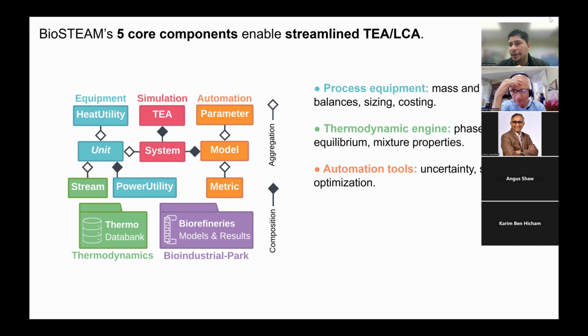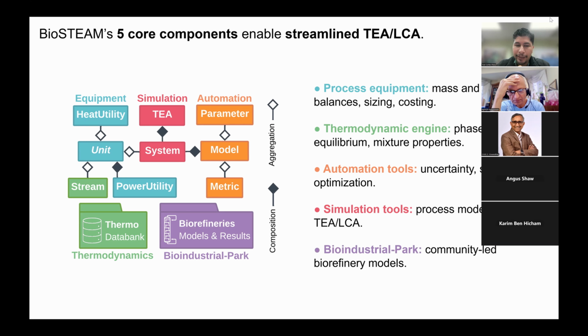It also has automation tools for uncertainty, sensitivity, and optimization. And this is really the central feature of BioSTEAM, the ability to perform Monte Carlo-based uncertainty and sensitivity analysis. These work using a model object that has input parameters and output metrics, and they simply simulate the system at each scenario provided. Then there are the simulation tools for process modeling, techno-economic analysis, and life cycle assessment, which is all done through the System object, as well as a TEA object.